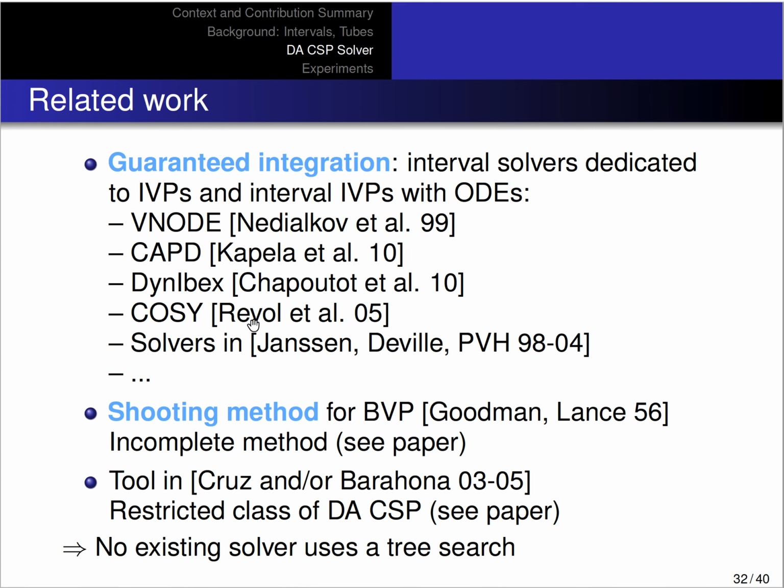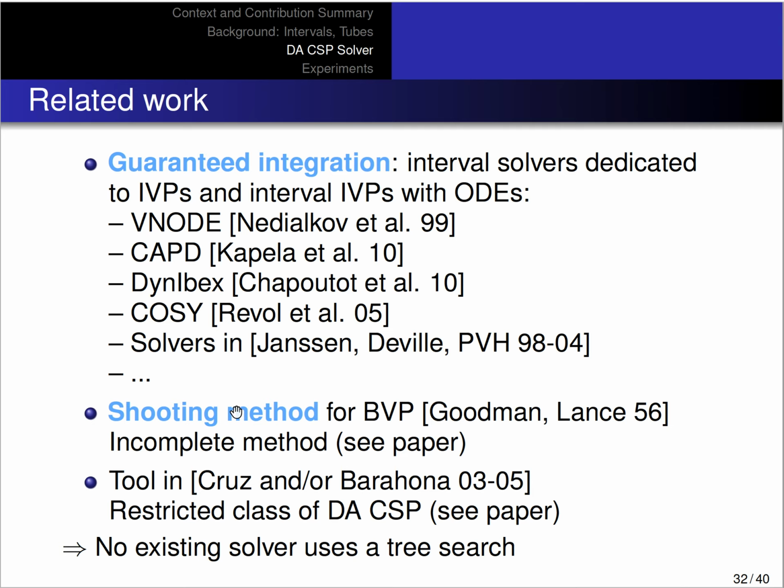To conclude the DACSP solver description, we give a brief overview of the related work. IVPs and interval IVPs can be handled by numerous solvers, including these ones, where VNode and CAPD are state-of-the-art. For the BVP, an incomplete numerical method exists, called shooting method, briefly described in the paper.